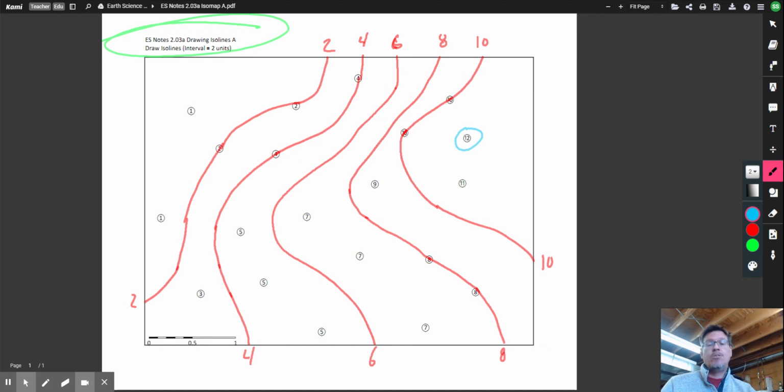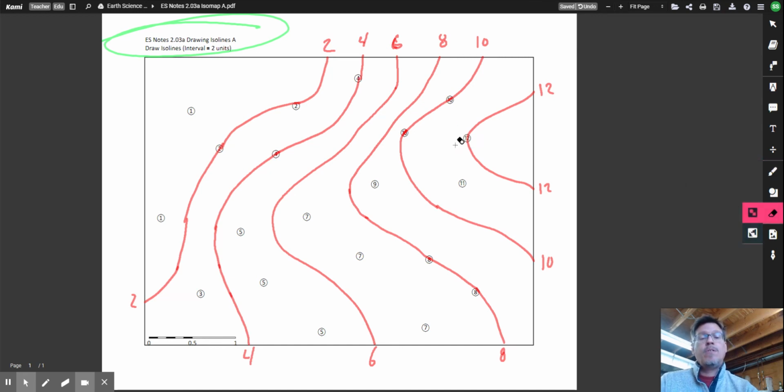So I can draw a line through the 12 that fits with that same general pattern. I'm going to come in off the margin, go in and hit the 12, and then come back out, and there I go. Okay, I'm now done with this map A.